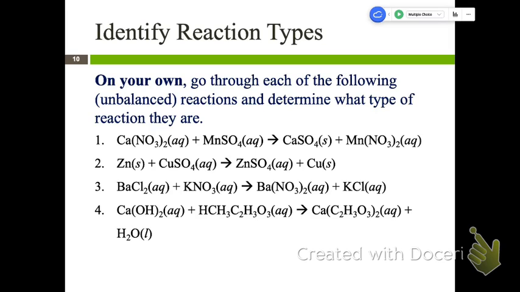Okay, so talk through the process. It's redox because of the transfer of electrons from zinc to copper, because it's going from neutral to 2 plus, and then this is going to neutral because this is 2 plus.